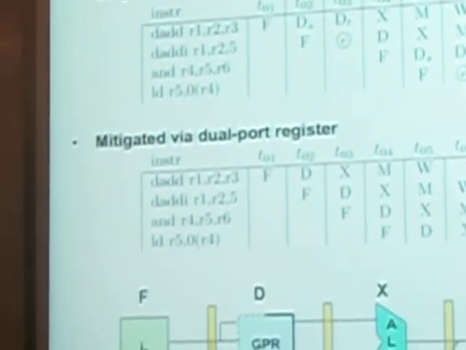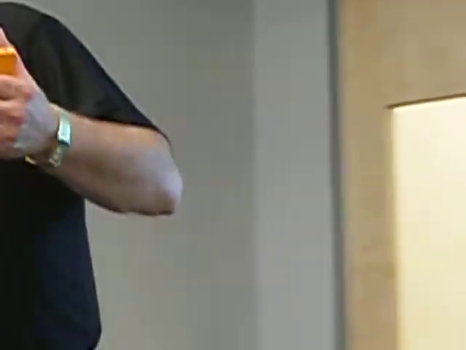Fetch 2 operands in 1 clock. That was the mitigation. So that was an example of a structural hazard that we cured by having a dual port. How do you solve most structural hazards when there's not enough hardware? You throw more hardware at it. There's not enough shovels? Well, buy more shovels. Good. All right, so moving on then.